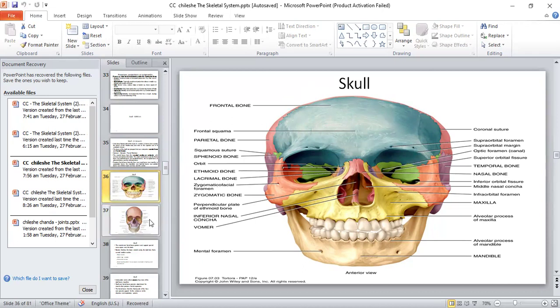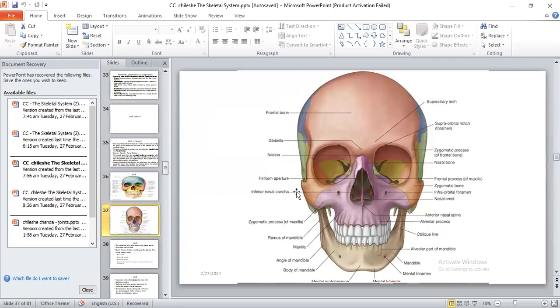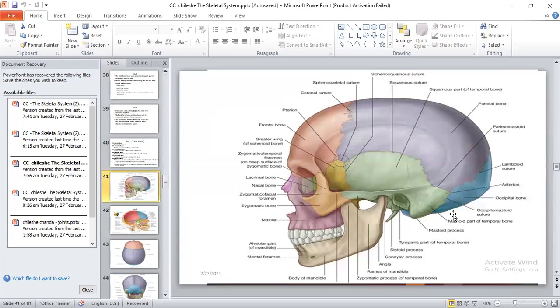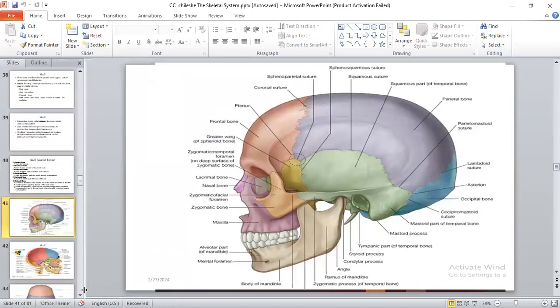It is not paired. When you look at another picture, we are going to look at this human being from the sides. From the lateral view, we notice that this is our frontal bone.